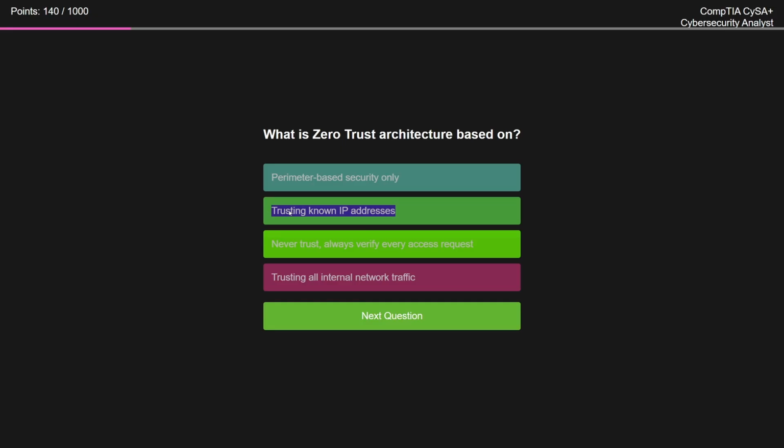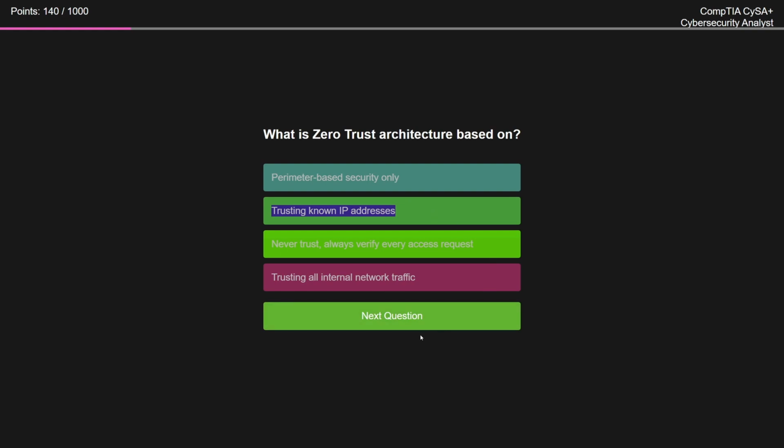Because if you trust a known IP address, they could spoof your IP address, and then boom, they're allowed to go in. But if you do never trust, always verify every access request, then you'll be less prone to that attack, if you know what I mean.